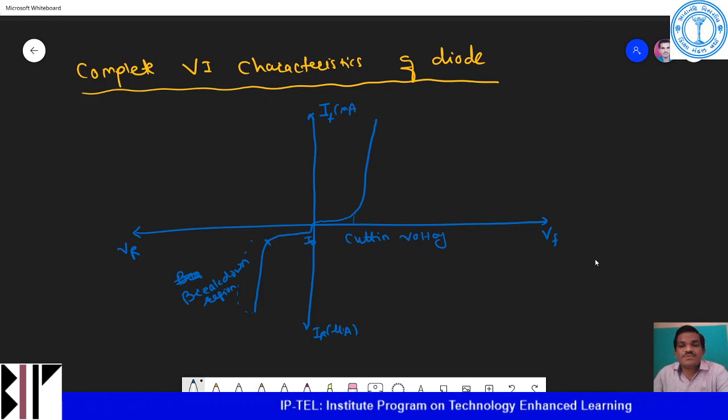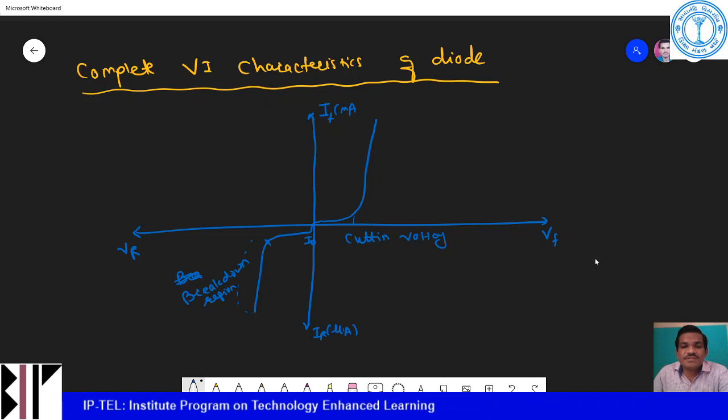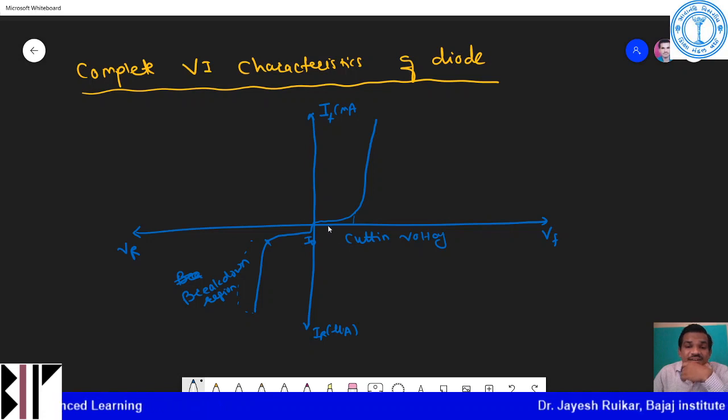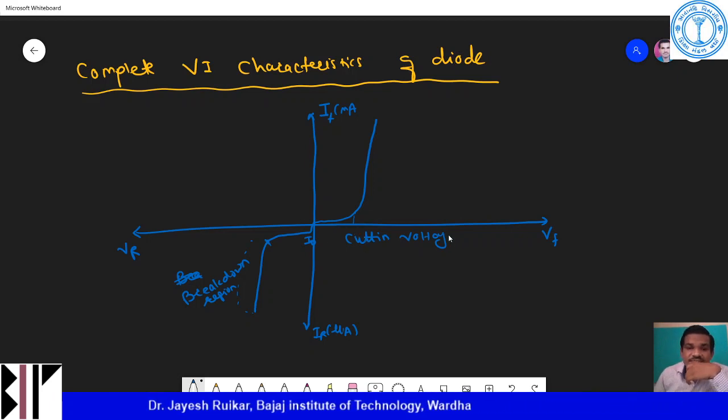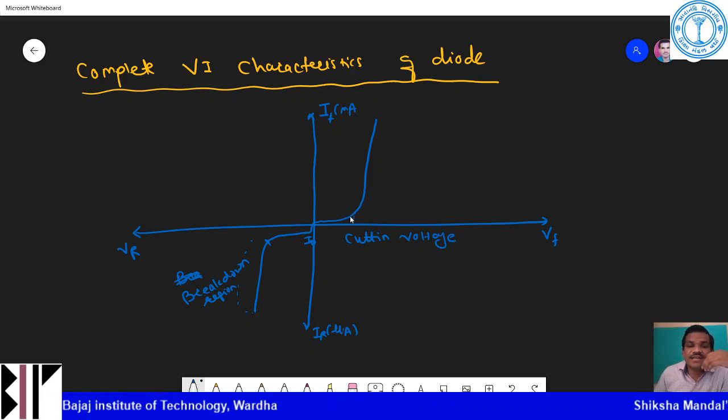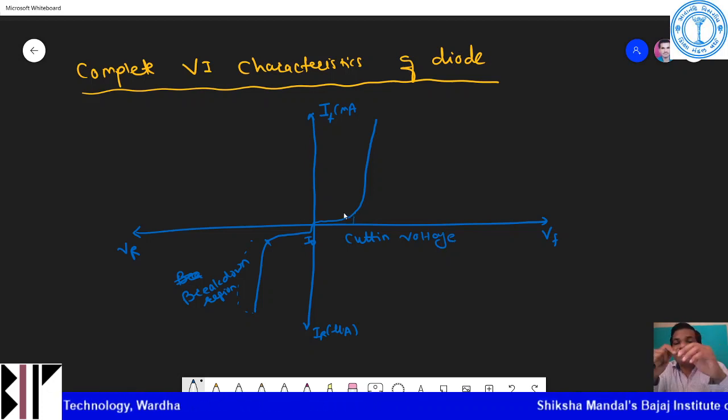So this is your VI characteristics. In the forward characteristics, you can see that the initial forward current is small, as long as the bias voltage is less than your barrier potential.